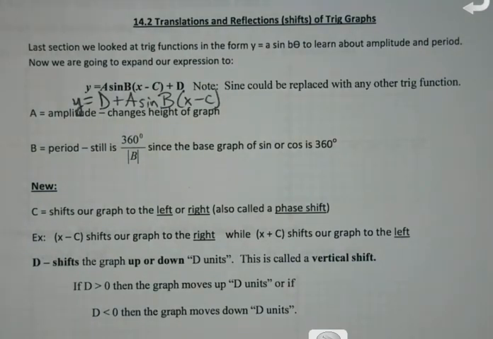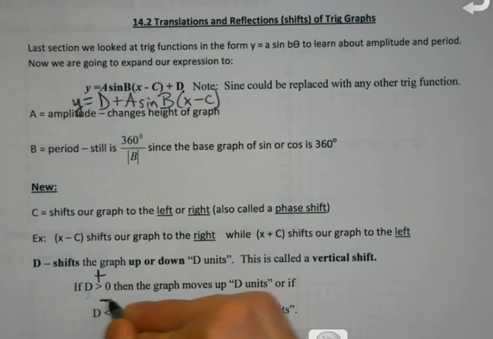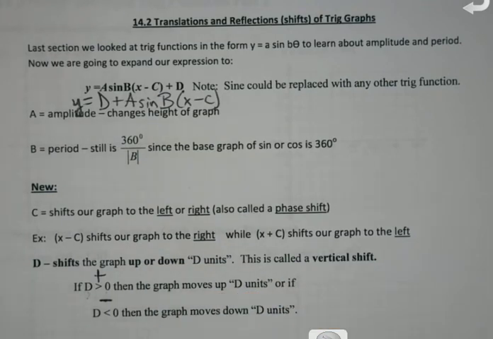No matter where that happens to be, if that D value is positive, greater than 0, the graph's going to move up. So if I had something plus 4, my graph would move up 4. Not the same as amplitude. We're not stretching or shrinking it, we're literally shifting it. We're literally moving it. And if D is negative, then we're going to go down that many.